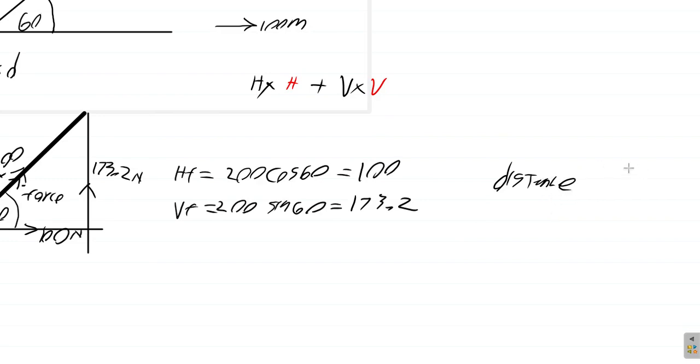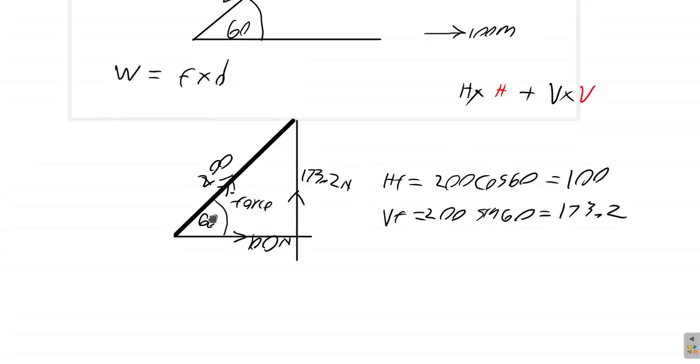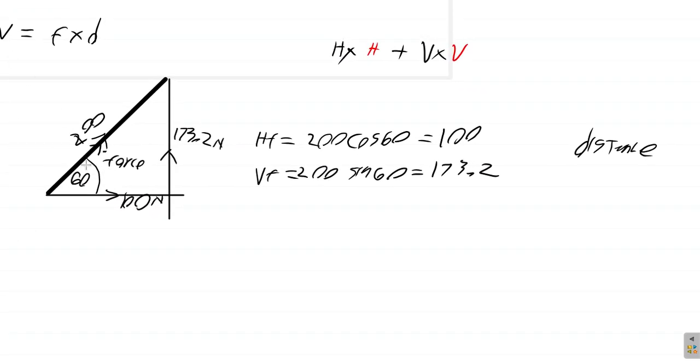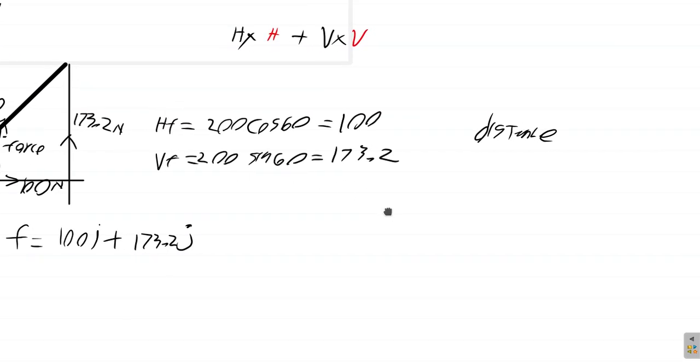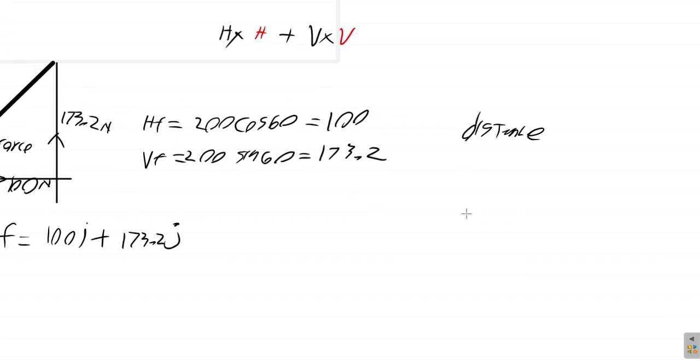And by the way, something like this, you may see it written as the force is equal to 100I plus 173.2J. Because remember, the I is horizontal and the J vertical. Probably could be written like that too. What about the distance?